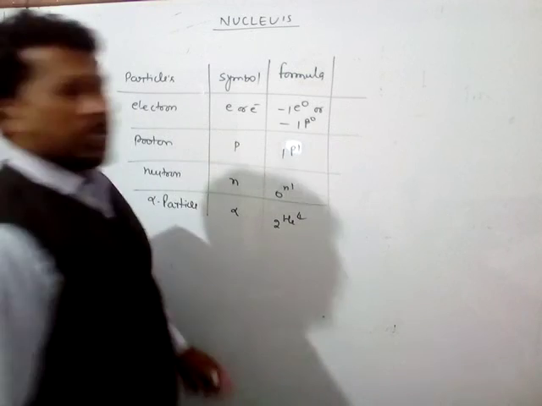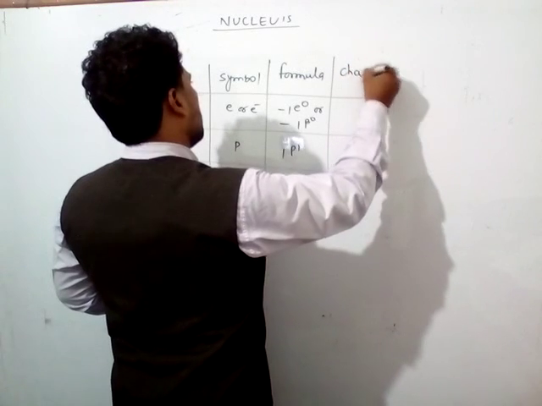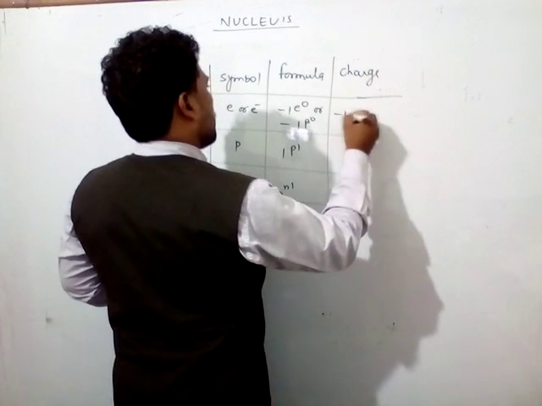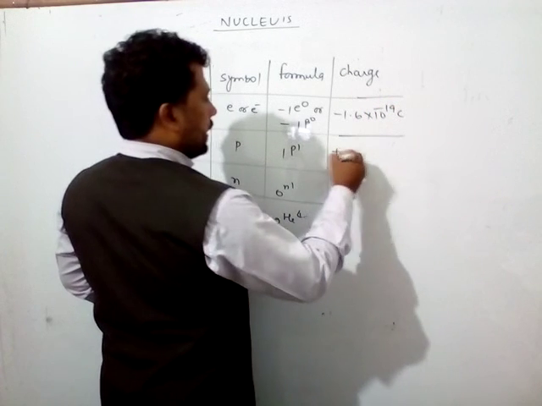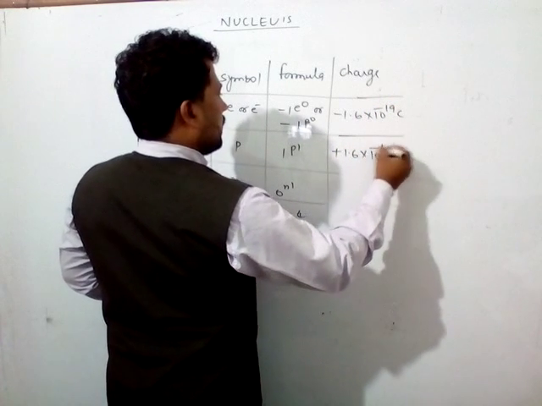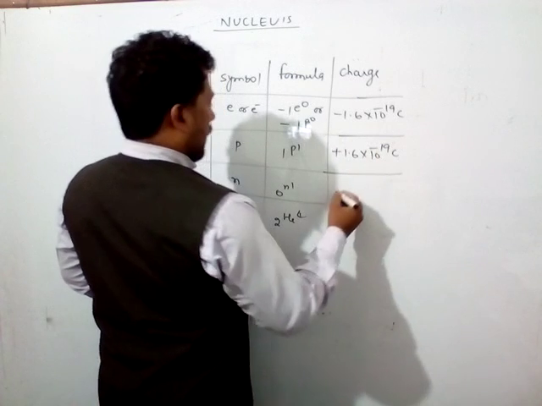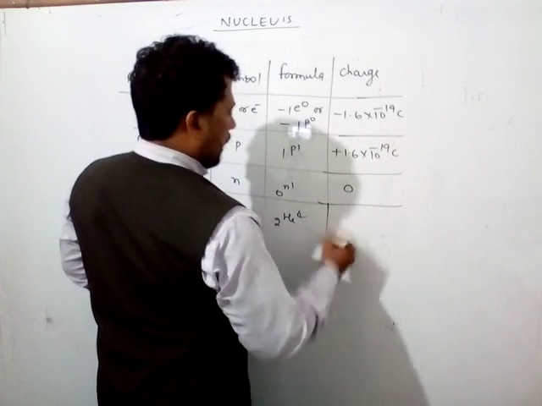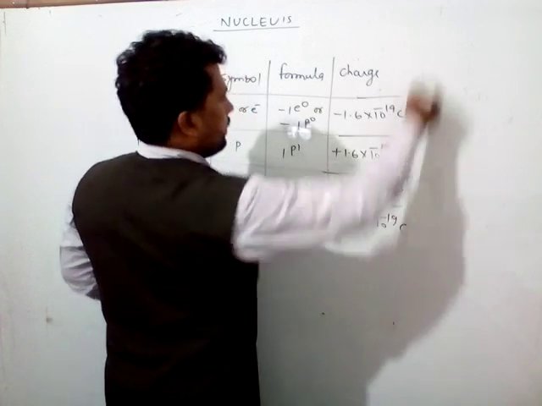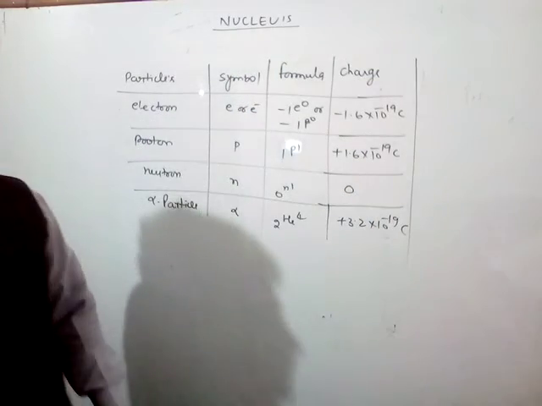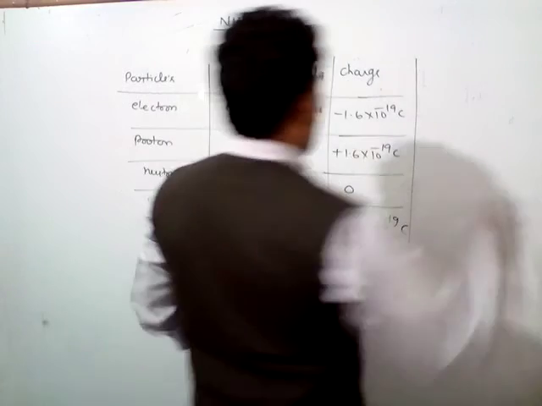Okay, its charge is -1.6 into 10 power -19 coulomb. For proton it is the same but positive charge, 1.6 into 10 power -19 coulomb, and neutron is neutral and alpha particle is positive but double of the proton. These are the charges of electron, proton, neutron and alpha particle.